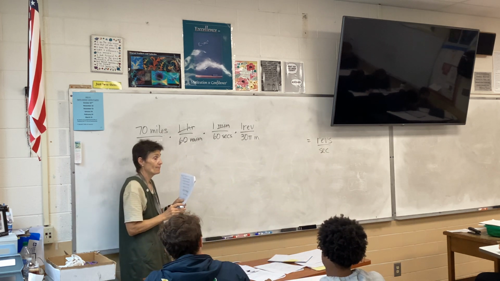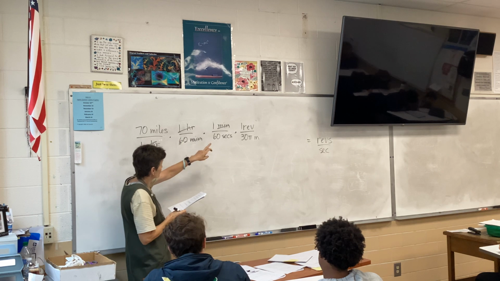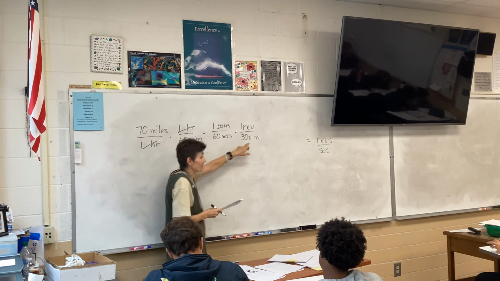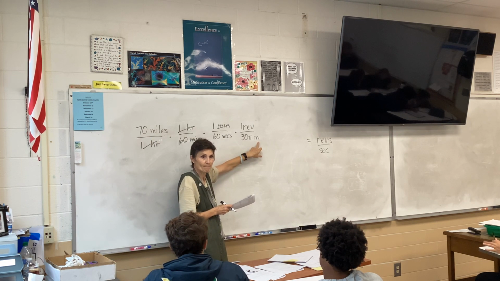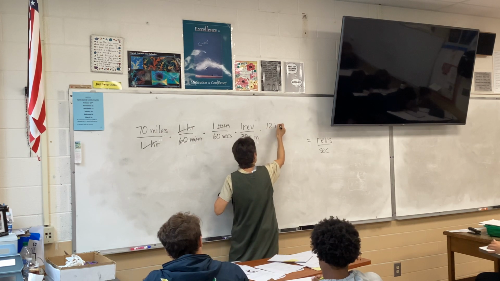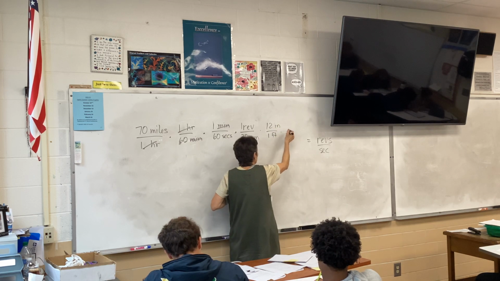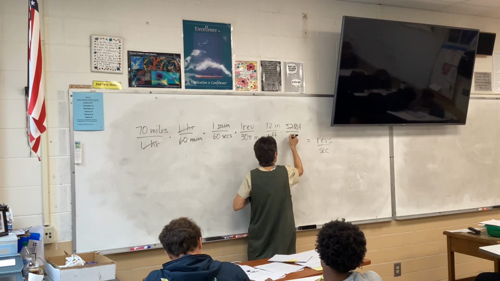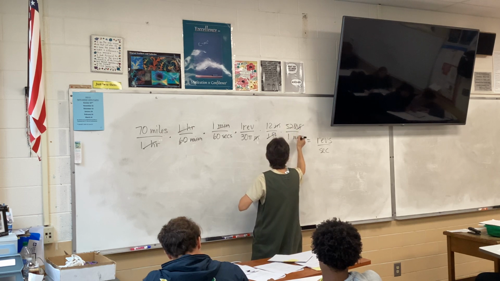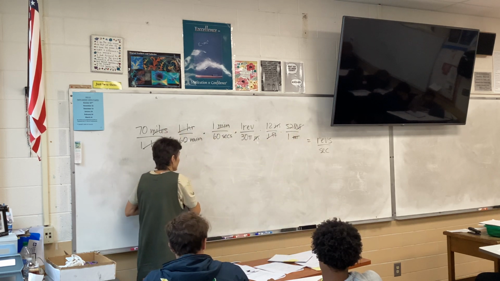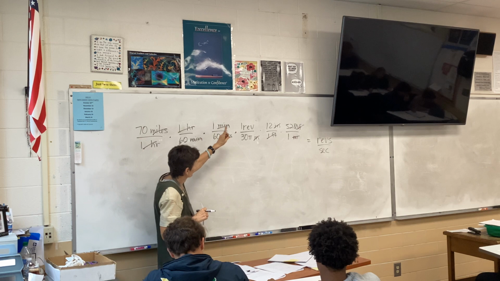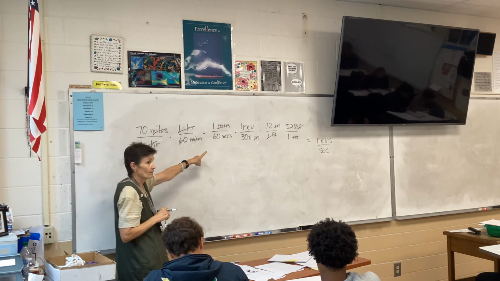Everybody okay? Now, I got my revolutions and I got my seconds. The problem is, these guys haven't canceled out yet, right? So I gotta get rid of them. So what do I know about inches? 12 inches make 1 foot. 5,280 feet make 1 mile. Okay, now wait a minute. Is that gonna take care of it for me? Am I okay now? So the only units left are revolutions per second, which is what I want.